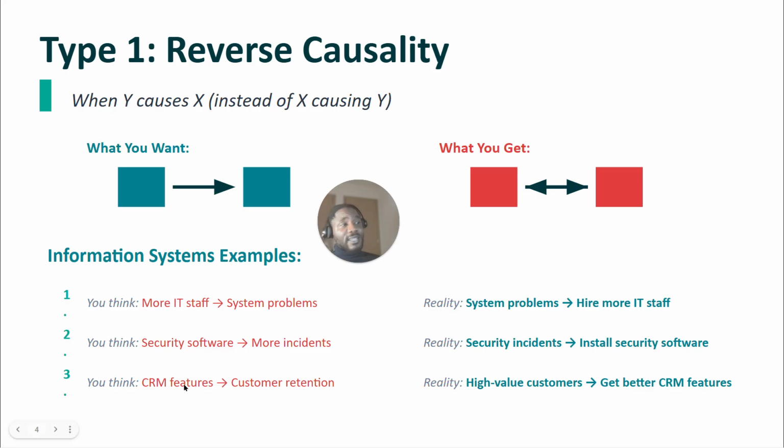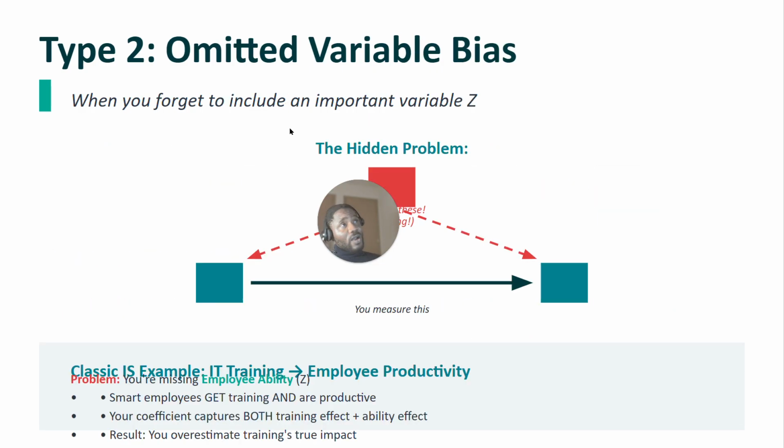Security software leads to more incidents, whereas more incidents lead to security software. More IT staff leads to system problems, whereas system problems lead to more IT staff. So instead of X causing Y, Y is causing X, which creates reverse causality.